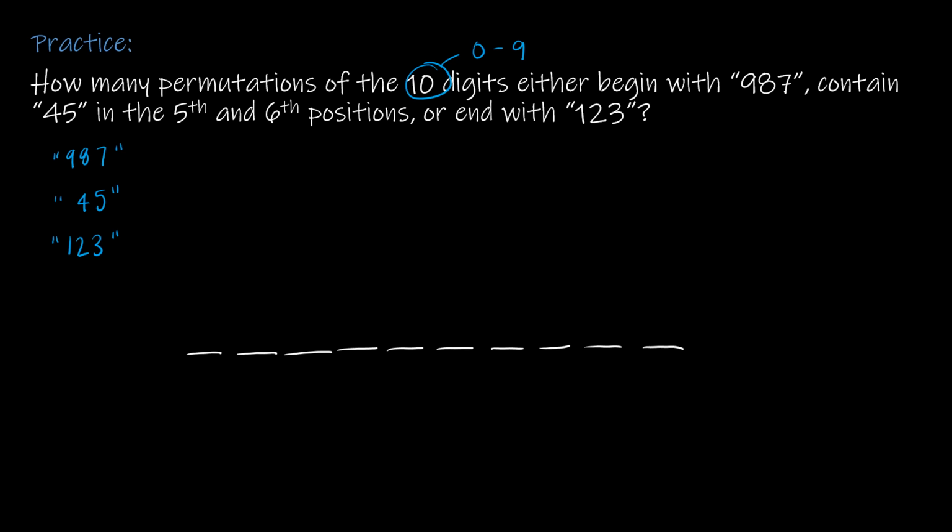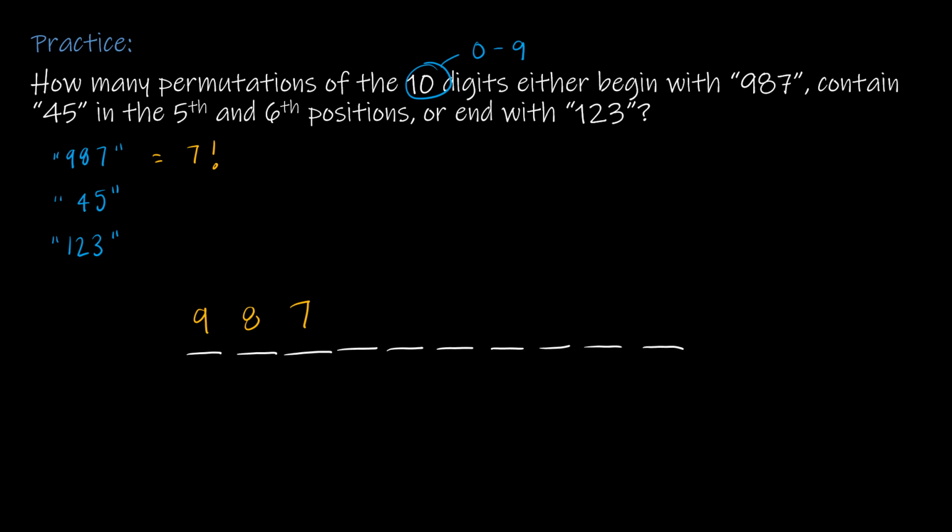So it says permutations, which means we're permutating all 10 digits. For the first one, I'm starting with 987. So there's a 9 here, an 8 here, a 7 here. Now there are 7 spaces left, and there are 7 digits left, which means that's 7 factorial.